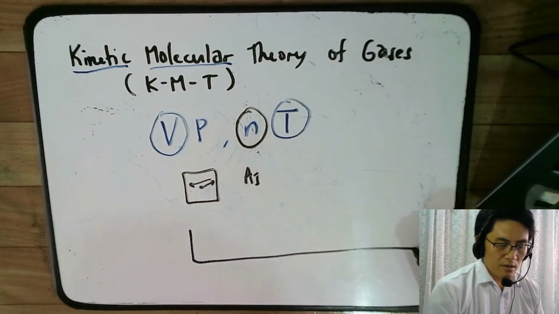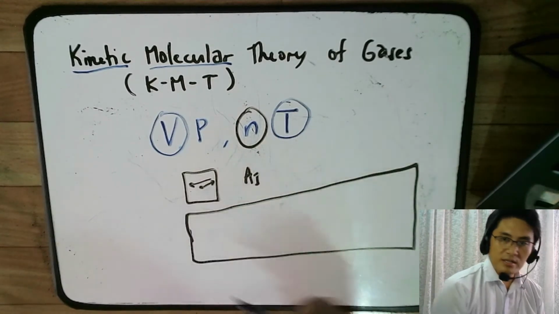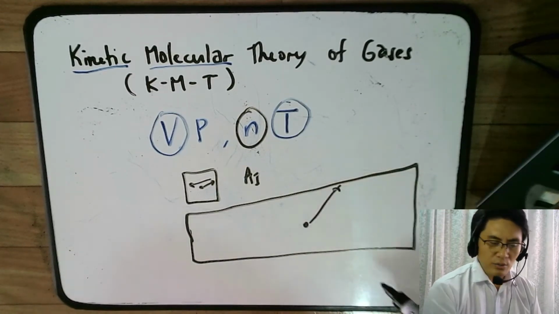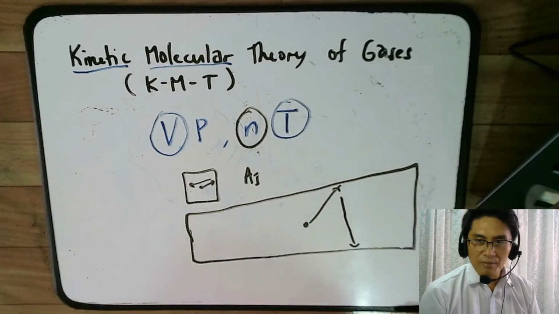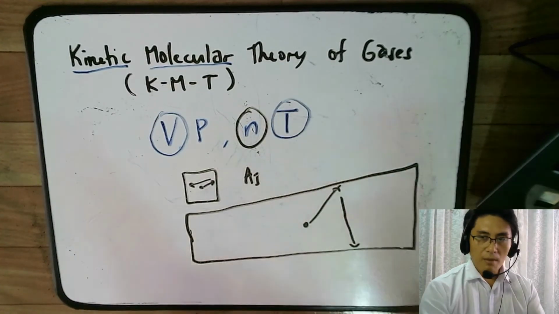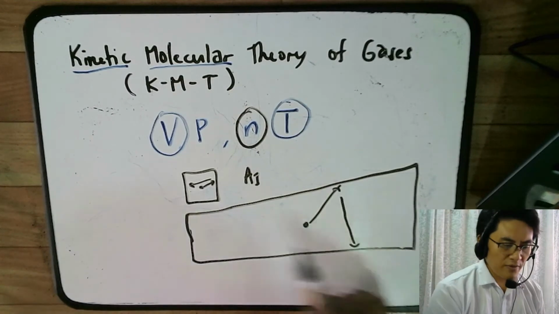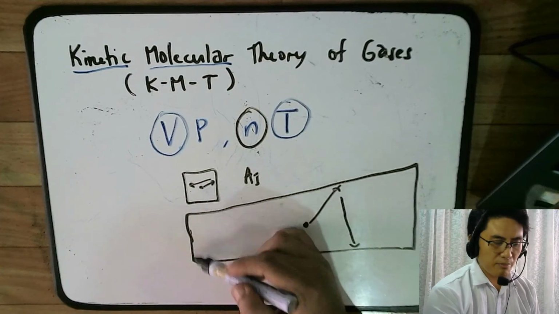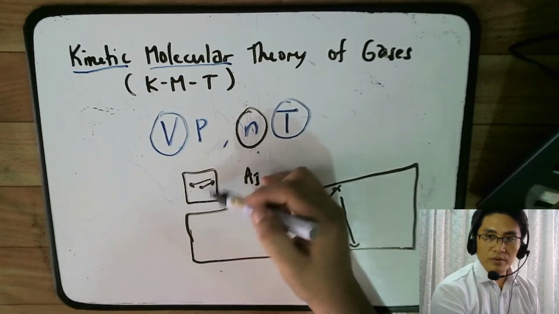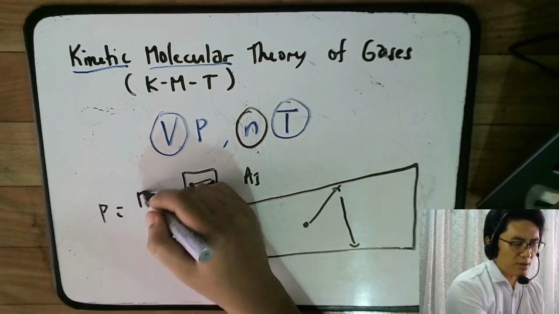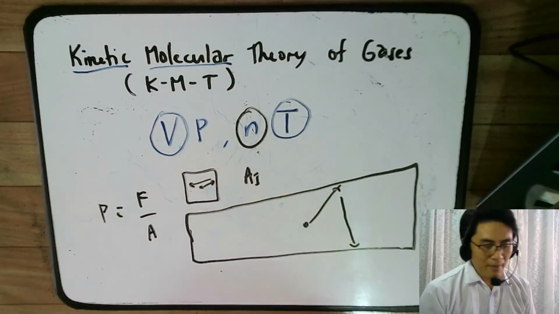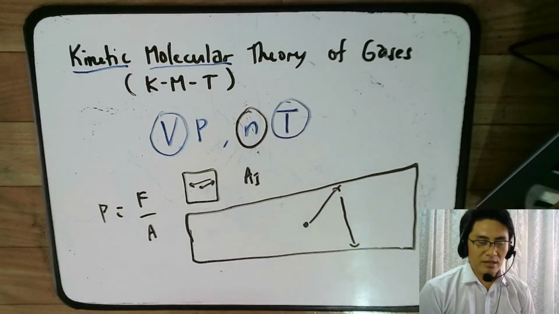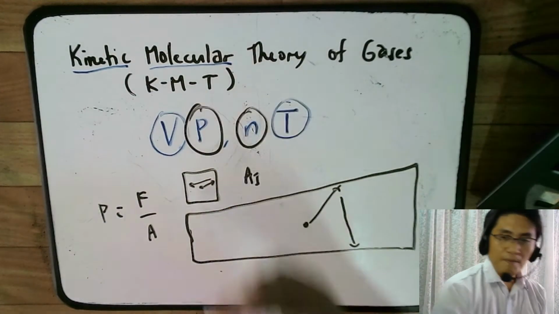But if the box is quite big, like this, if you have this particle, it hits here, and it will take a longer time before it hits the other wall, because the walls are farther apart. So even if you have one particle here and one particle here, the pressure here is going to be small, because you have a bigger area compared to this one. So again, pressure is an interplay between force and area. The area matters, the force matters, the movement of the particles also matters. But that's how we think about pressure.